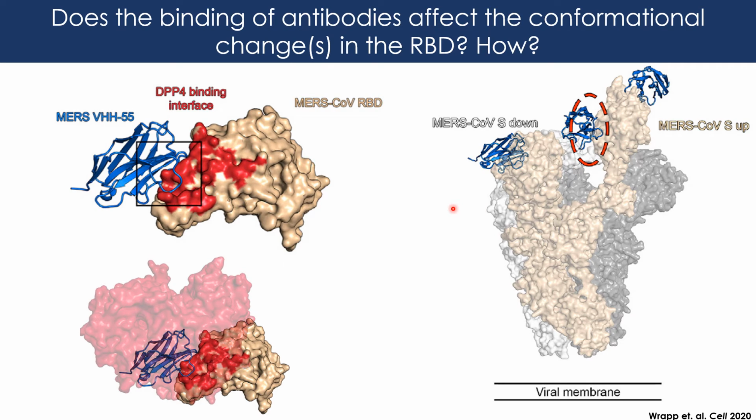So in nature, there is a constant struggle between trying to escape antibody neutralization. Thus, the RBD has to exist in a down conformation so that it is not readily neutralized by antibodies. But if it remains in the down conformation, then it won't be able to interact with the host cell receptor, and it won't be able to infect the host.